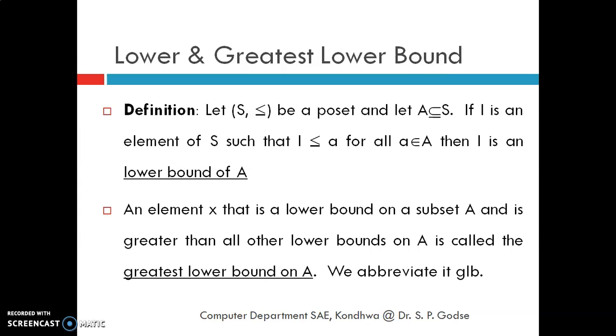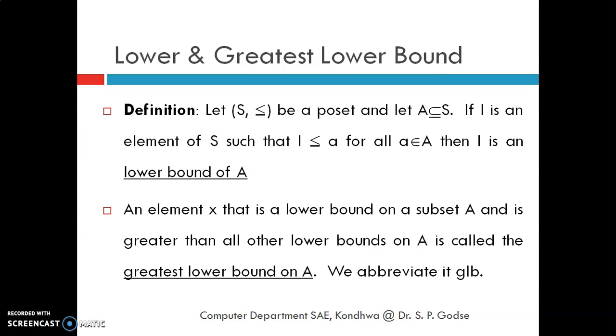Lower bound and greatest lower bound. Now let (S, ≤) be a poset and let A be a subset of S. If L is an element of S such that L ≤ a for all a belonging to A, then L is a lower bound of A. So it is the opposite of upper bound.